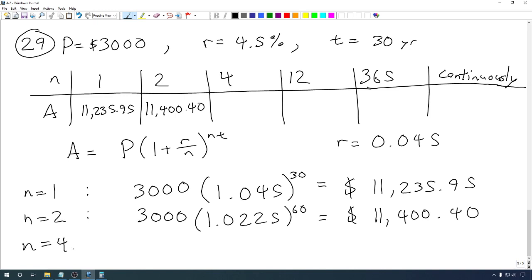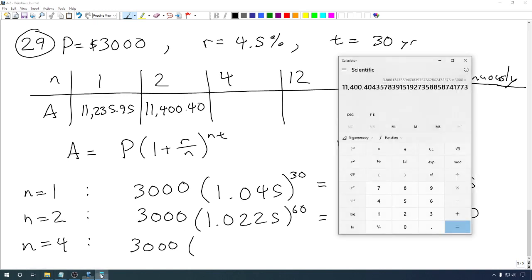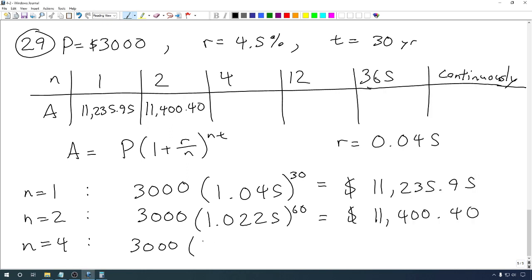Moving on to N equals 4. Still have 3,000. That doesn't change. This time we get to divide our 0.045 by 4 before adding 1 to it. So 1.01125. This time we're doing N times T. N is 4, T is 30.